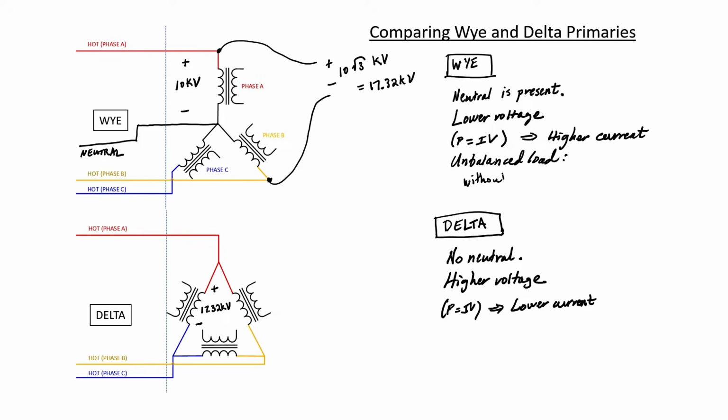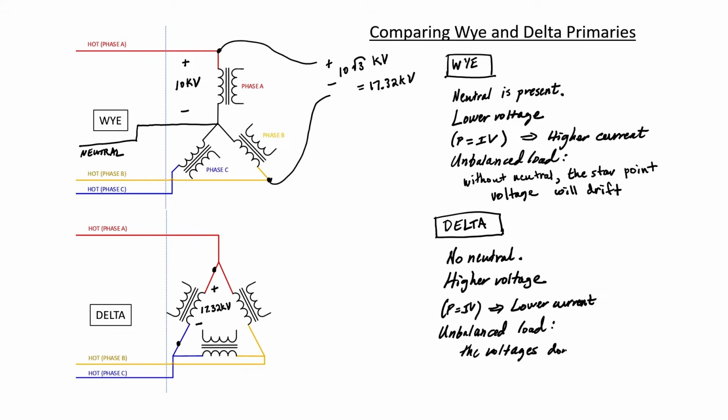But if we don't have a neutral, it will cause the star point voltage to drift. If we have that neutral connection, then we're safe. Now let's think about the delta connection though. The voltage between any of the primaries of these transformers is fixed by the lines. So the voltage is not going to change, and that's one of the advantages of a delta transformer. If our load is unbalanced, the voltages are not going to drift.